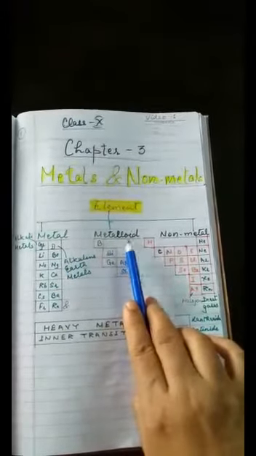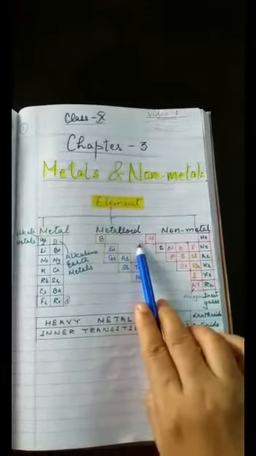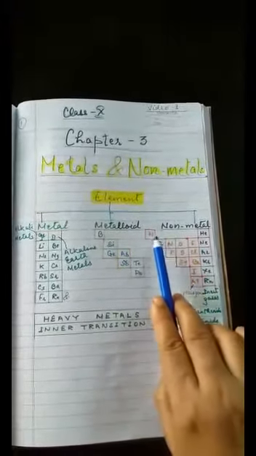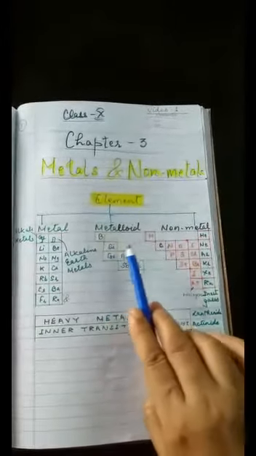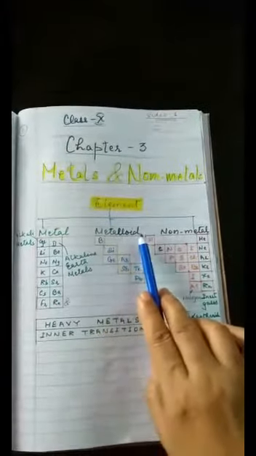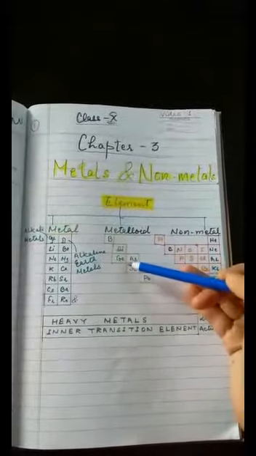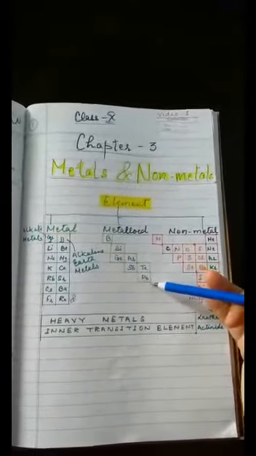First of all, let's start with an introduction to metalloids, as we have learnt metals, non-metals and metalloids in class 9th also. So, a quick revision. There are 7 metalloids: boron, silicon, germanium, arsenic, antimony, tellurium and polonium.